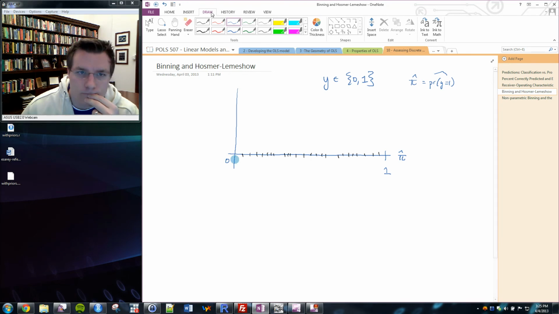Now imagine what I want to do is compare this, my fitted predicted probability, to the actual empirical probability in the data set.